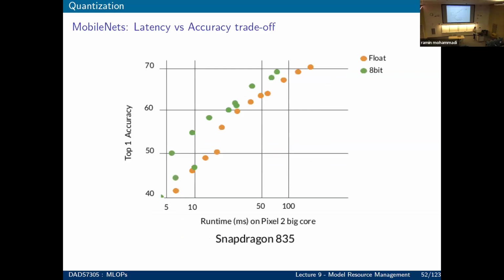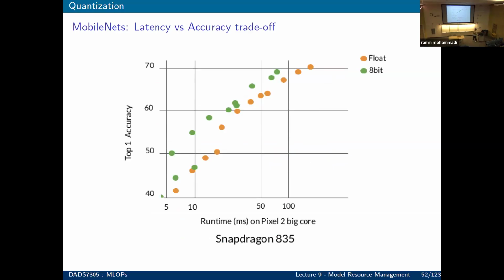Okay, so let's look at an example here. There's MobileNet. It was one of the earliest neural network models, and even back then, with a couple of million parameters, it was really expensive. The idea here is that the orange is float, and green is the 8-bit quantization.